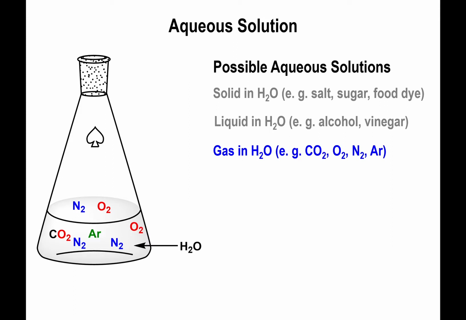Now, for gases, the ones that we're going to be looking into right here, gases that don't necessarily react further with water, usually they tend to be non-polar gases, although some of them may have some polarity associated with them. But carbon dioxide, dioxygen, dinitrogen, and argon are non-polar gases.